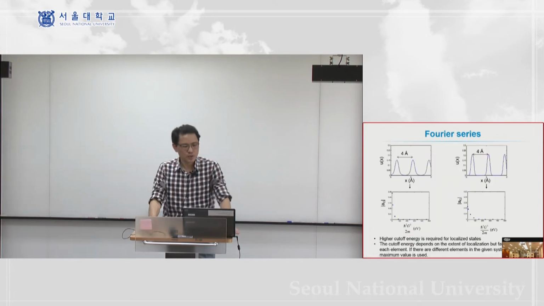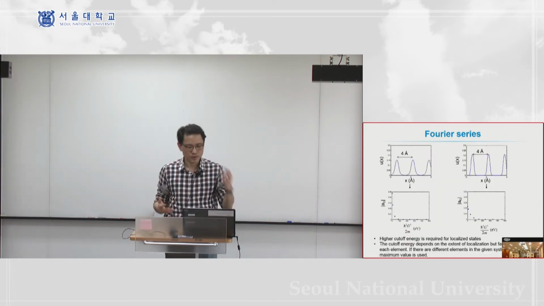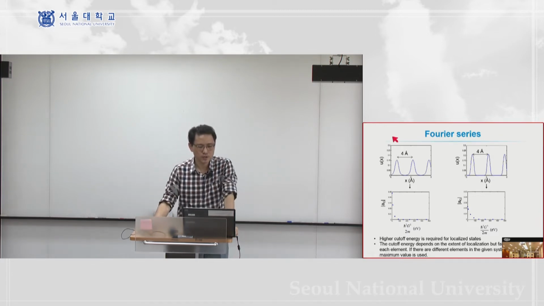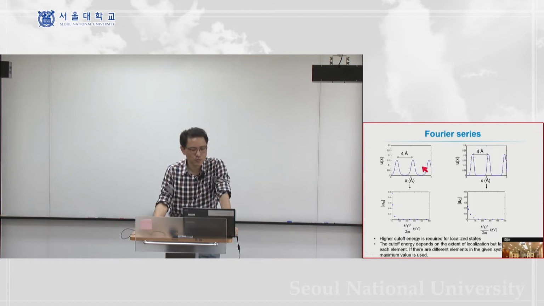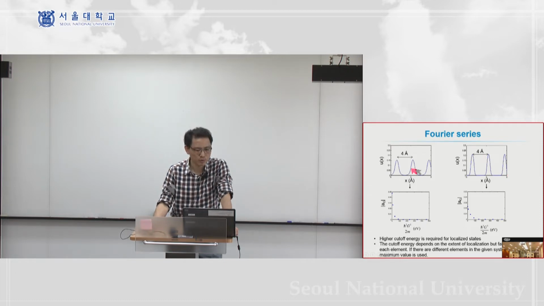So how can we determine this G cut? Here is an example showing the relation between G cut and the wave function shape. In this example, the lattice periodicity is 4 angstrom, and you have two types of periodic function. One is this shape, and the second one is more localized, while this one is more dispersed.